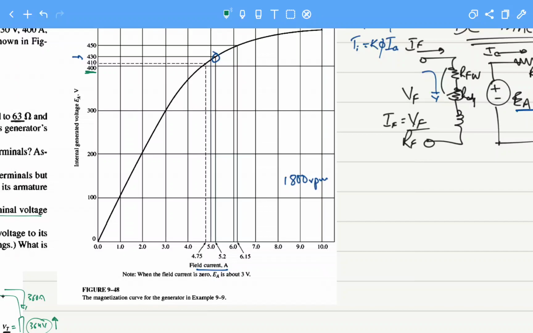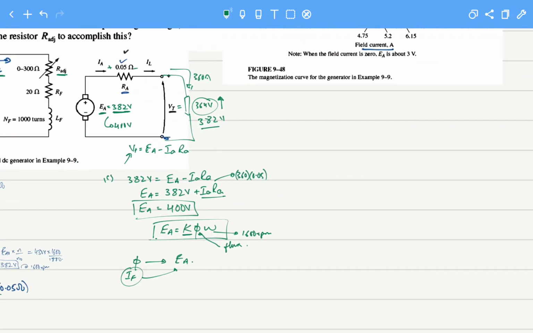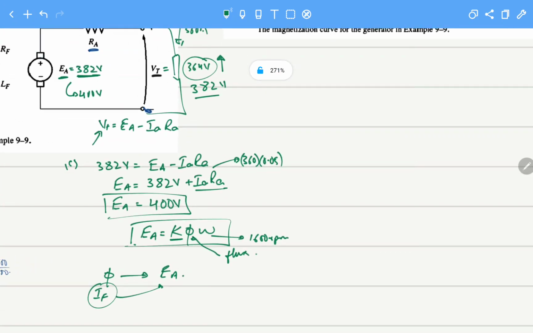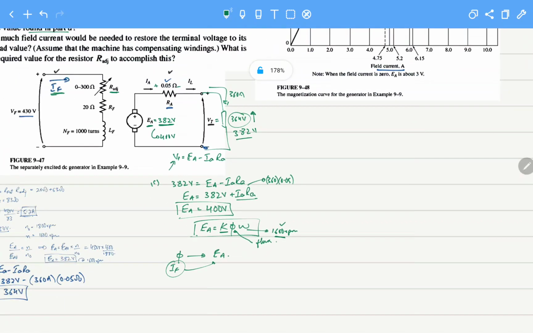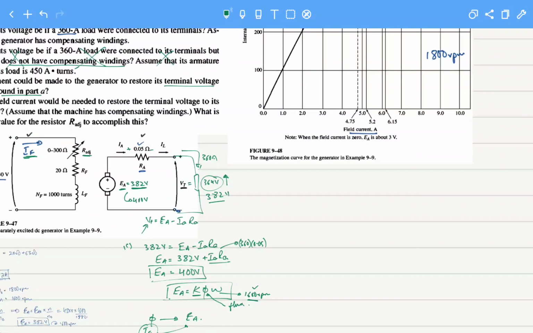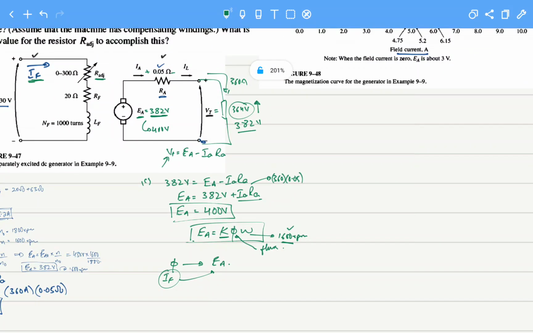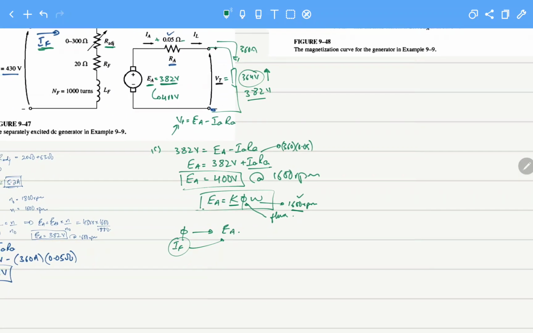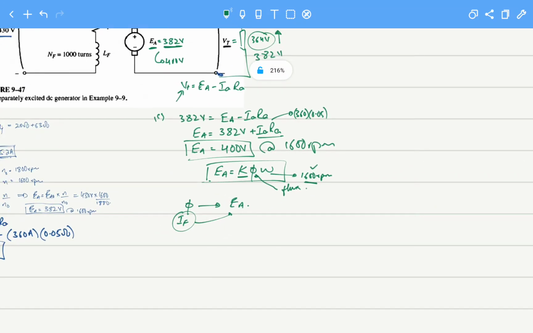We should not forget that this EA that we have calculated here is for 1600 rpm, and this graph is for 1800 rpm. So EA equals 400 volts at 1600 rpm. How much will this voltage be at 1800 rpm? Similar to case A, we now have to calculate this value.